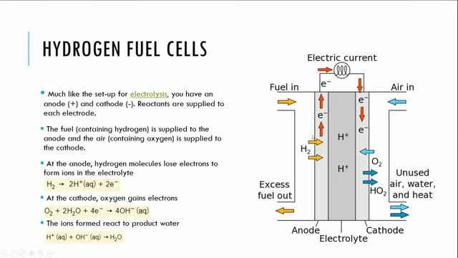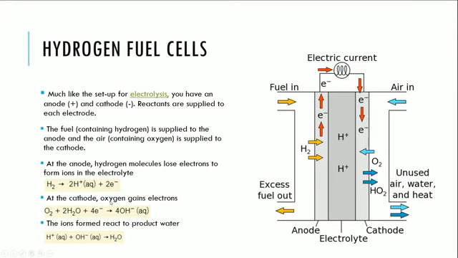So at the anode, what happens is the hydrogen molecules inside the fuel basically lose electrons and form ions in the electrolyte. And so you have this sort of chemical equation going on, hydrogen becoming 2 hydrogen ions along with electrons that have been lost. At the cathode, on the other hand, oxygen comes in and gains electrons, forming the hydroxide ions in the process.